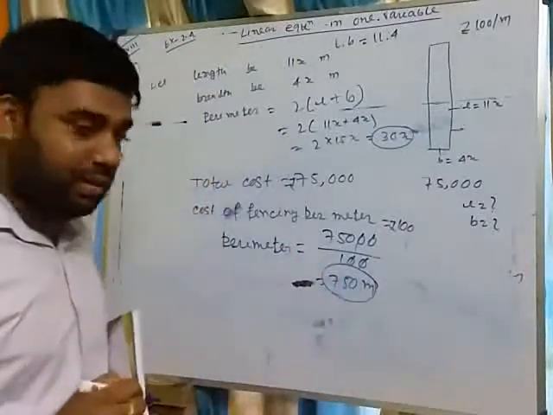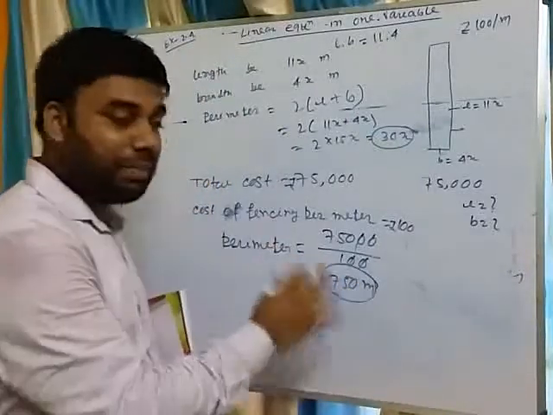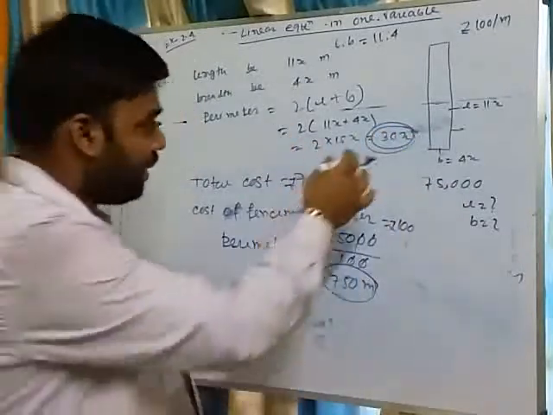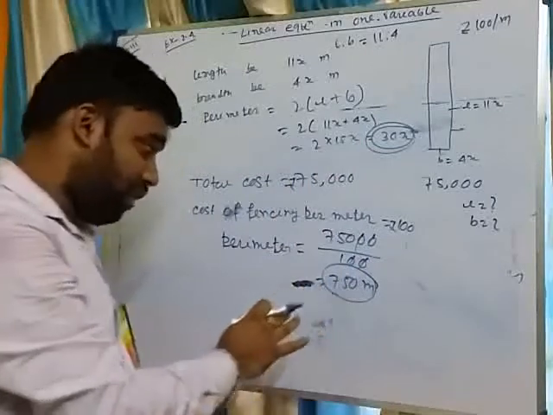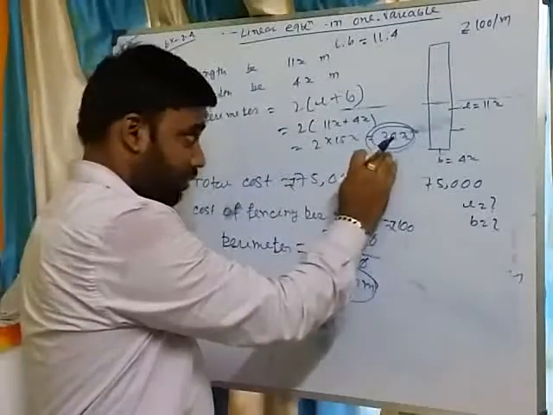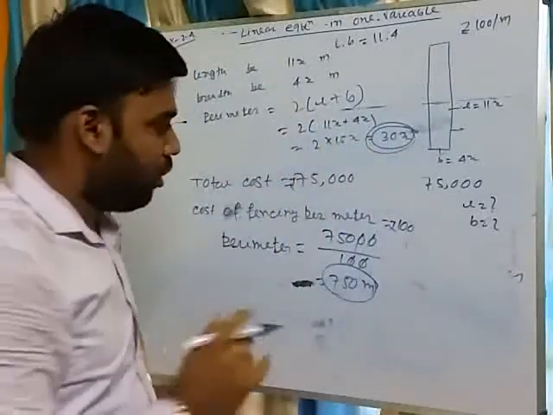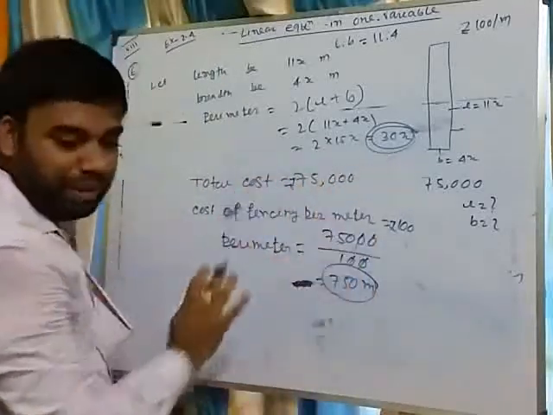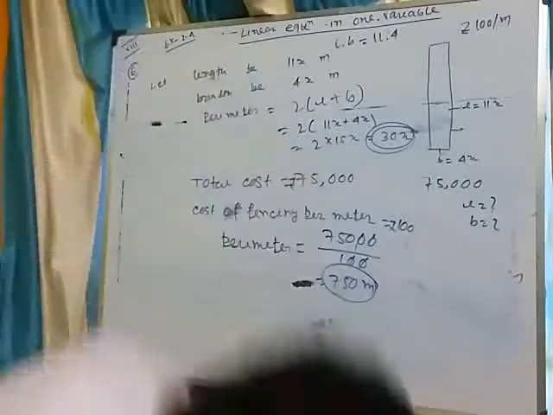750 meter is the perimeter of the rectangular plot, and 30x is also the perimeter. One is the actual length and the other is the perimeter in terms of x, so these two must be equal.